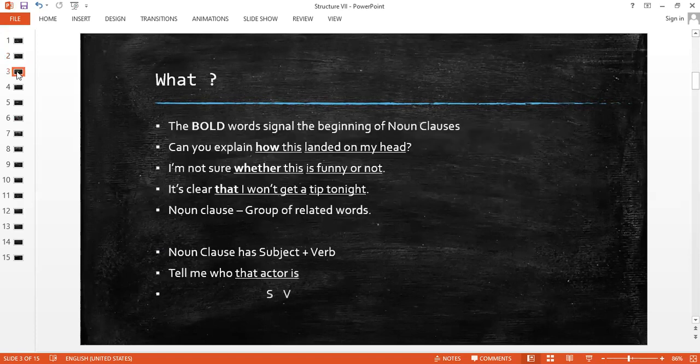Okay, here's the example of noun clauses. First example, can you explain how this landed on my head? It is a noun clause in the form of a question. How this landed on my head is a noun clause. It is a noun clause which is formed from the question. The main question is, can you explain? Can you explain how this landed on my head?